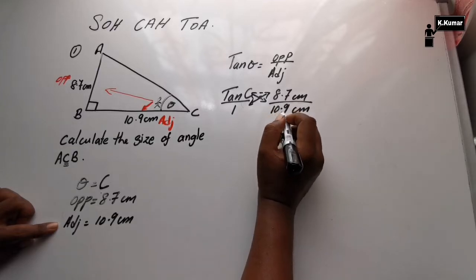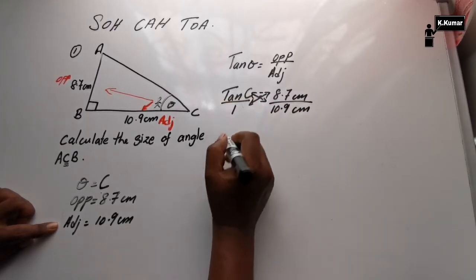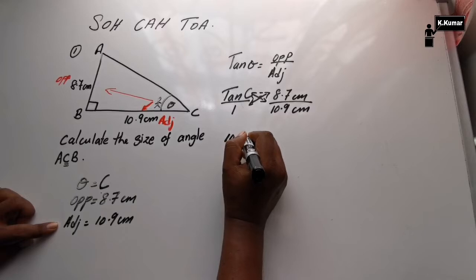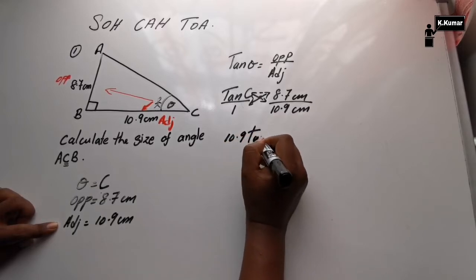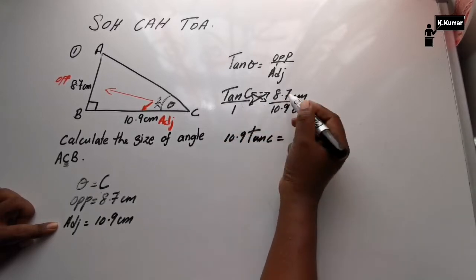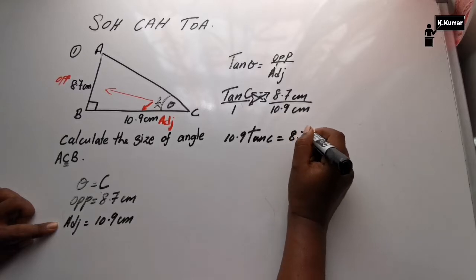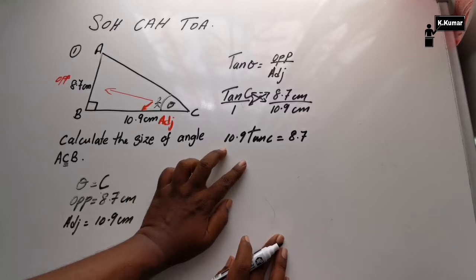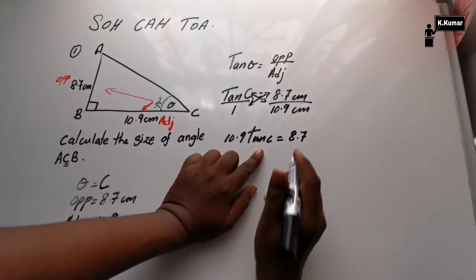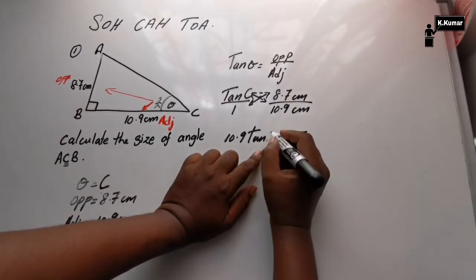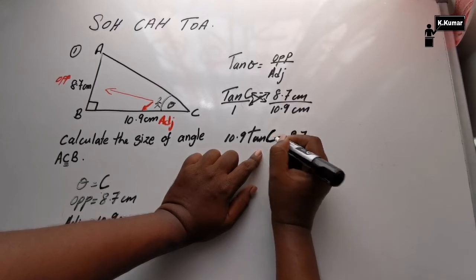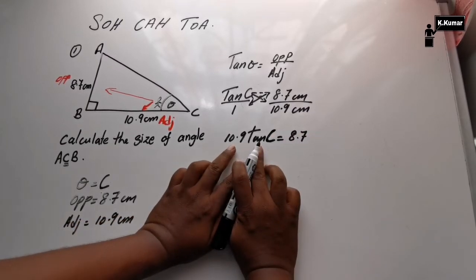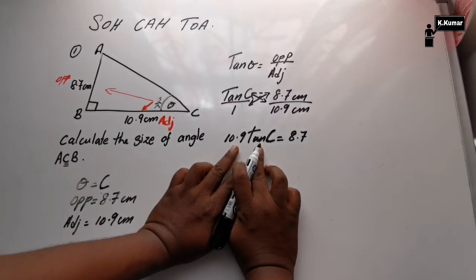So 10.9 times tan C would give me 10.9 tan C is equal to 1 times 8.7, which gives me 8.7. Now we want C, right? The operation between tan and this 10.9 is multiplication.